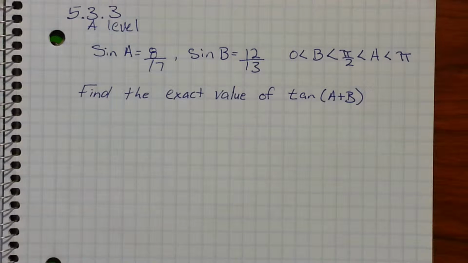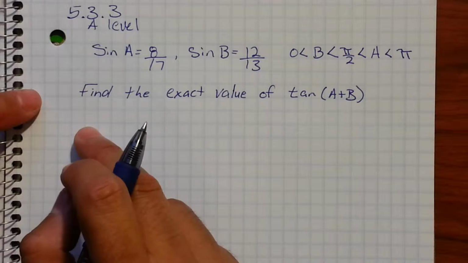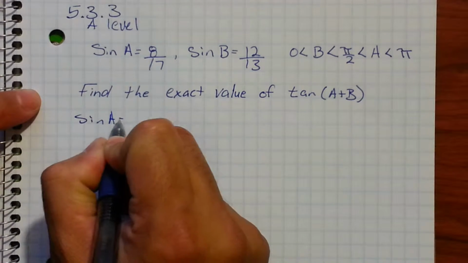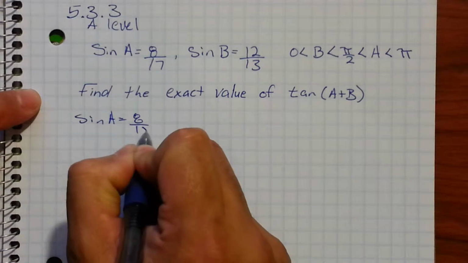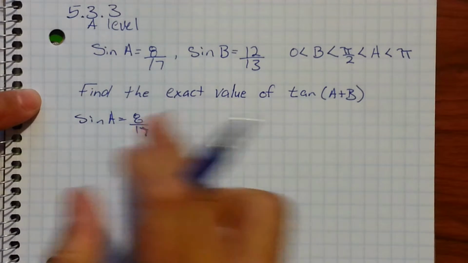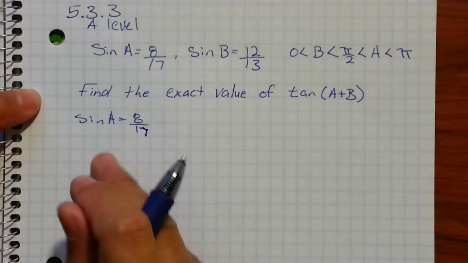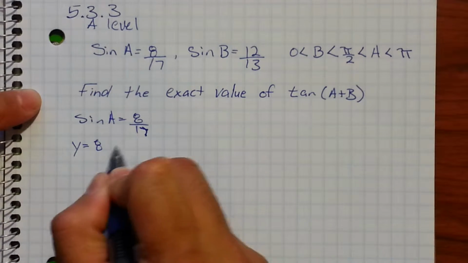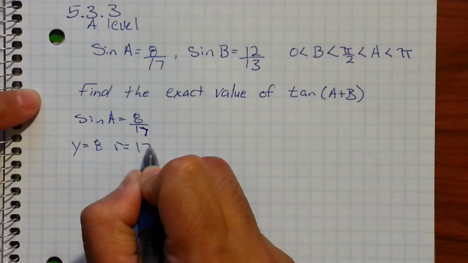And I know that tangent is going to be sine over cosine. Let's take a look. Starting here, I have that sine A is equal to 8 over 17. Now there's certain things I know about sine. I know that sine is going to be y over r. So y is equal to 8, r is equal to 17.